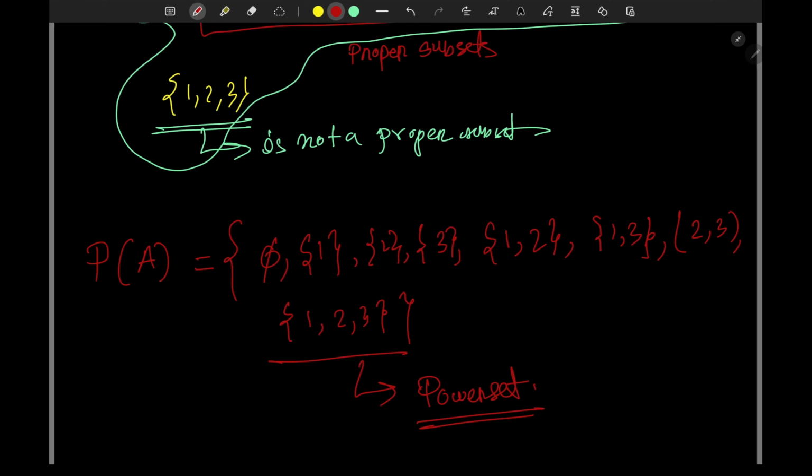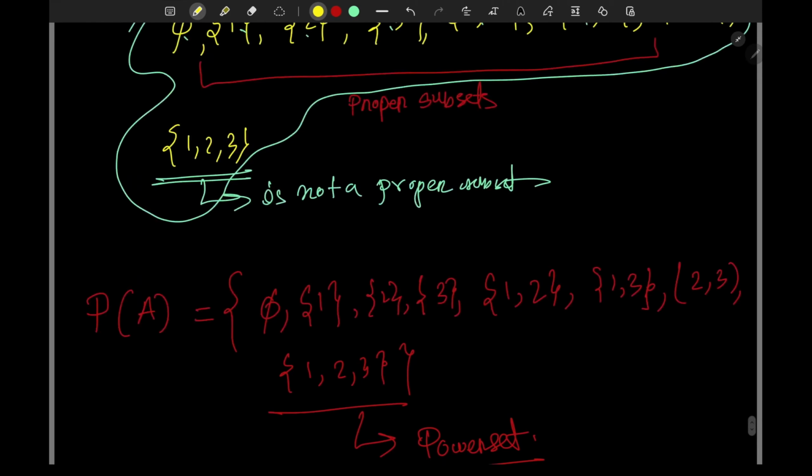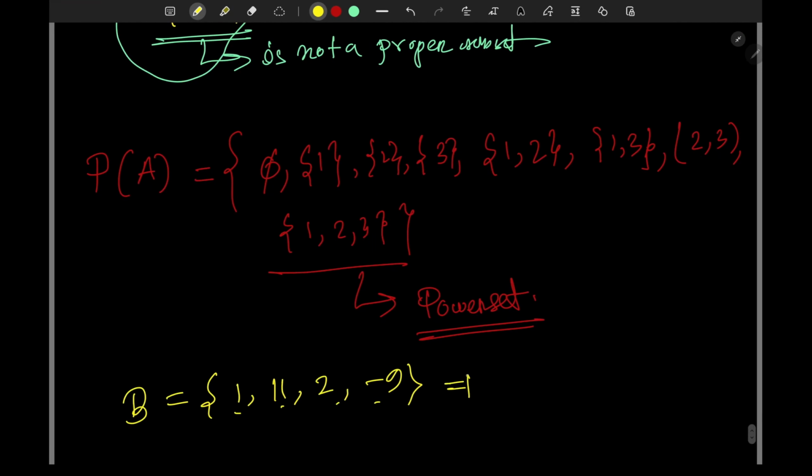And you can even try out more numbers and just play around with it. Maybe you take B as 1, 11, 2, -9. You have four elements right now. And if you do what I did over here, you will see that there are 16 subsets.